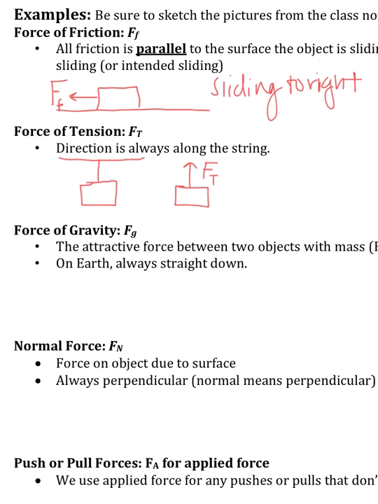So if we go back to our examples up here, this box hanging from the ceiling would also have force of gravity pulling down, right? This box sliding around the ground has gravity pulling it down. Gravity is an easy one because we almost always have gravity, right? We'd have to go really, really far away from the Earth to not have gravity. And so we got force of gravity in both of those.